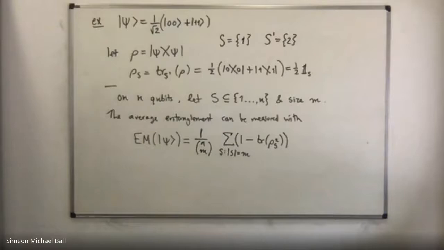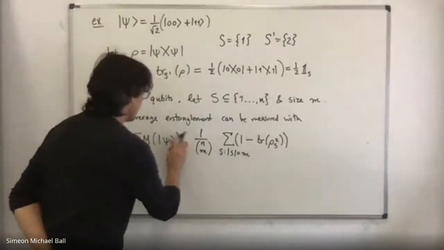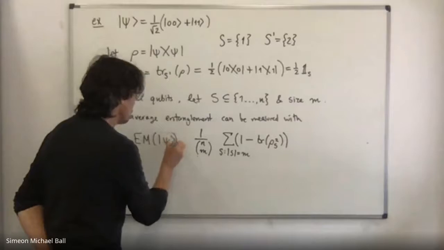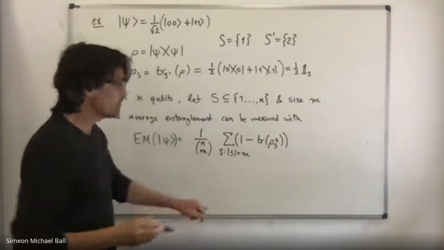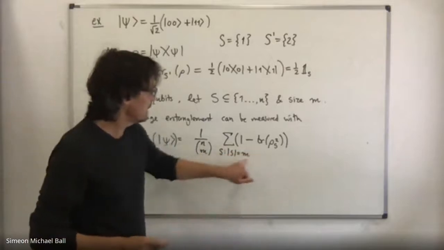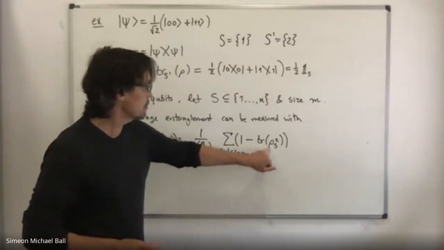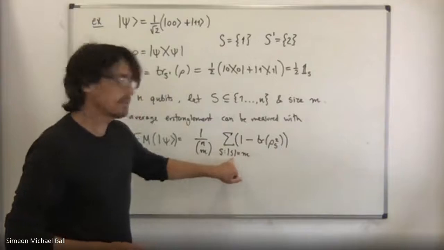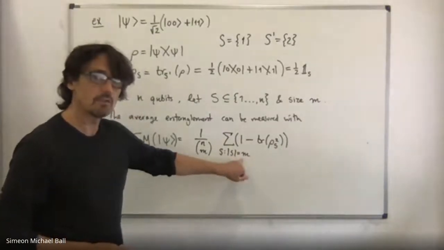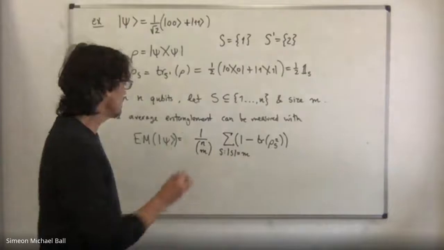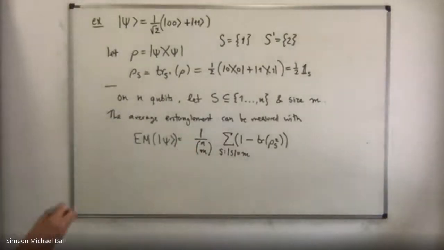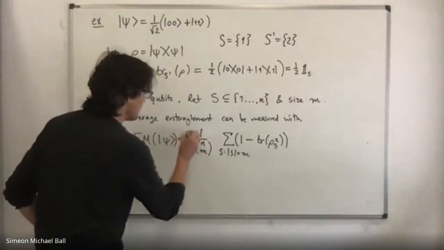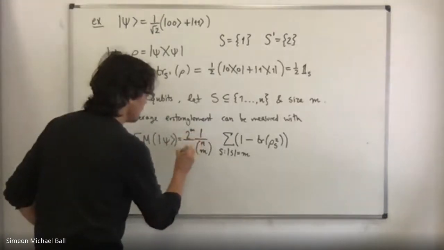And I forgot to do the normalization. So of course I want to normalize by the number of states that I have, but the number of states now is in the m system, once I've reduced down to the S system, which has m qubits. So this is now going to be d divided by d minus 1, which is 2 to the m divided by 2 to the m minus 1.